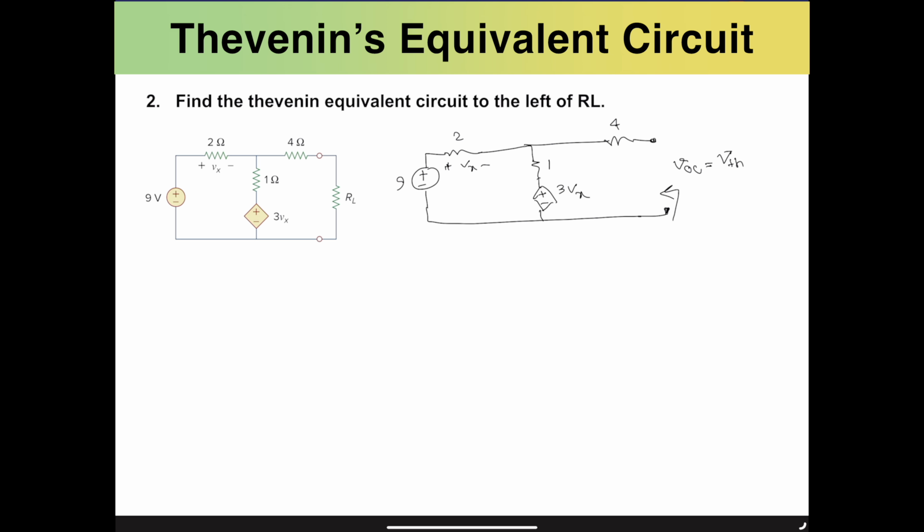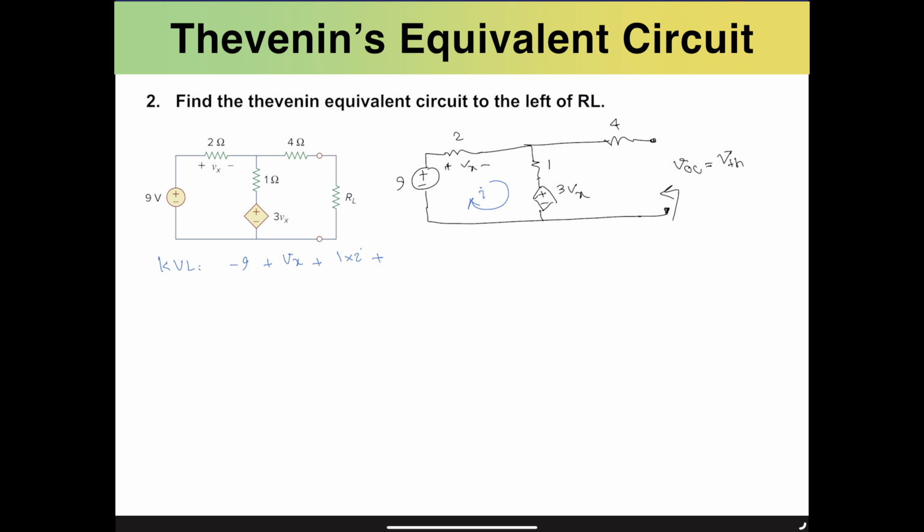If I want to make use of a KVL, I can use a clockwise direction with the ground at the bottom, and starting from the bottom, the KVL is -9 plus Vx plus, the current that is passing through the elements is I. And when I passes through here, it would pass through this 1 ohm resistor as well.